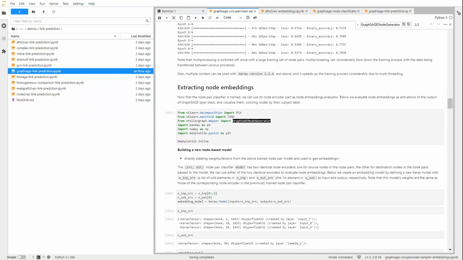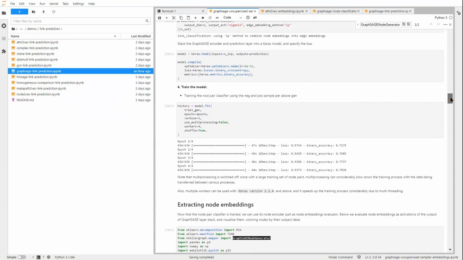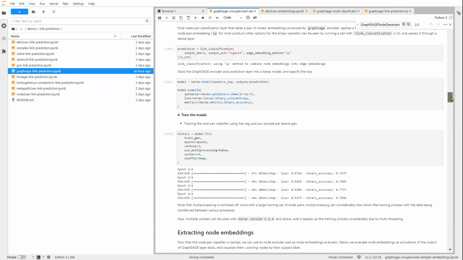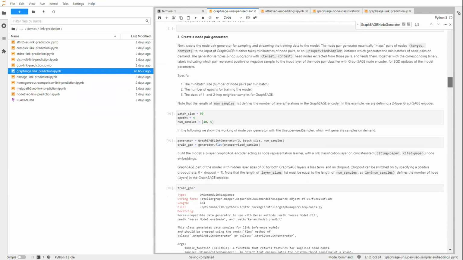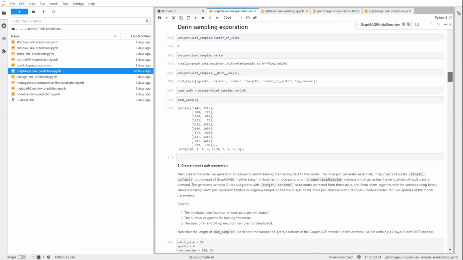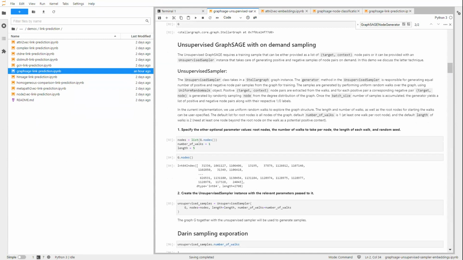Above this point is where we're doing the training of the binary classifier. They explain it real quick here. This is where they're explaining how the algorithm works.